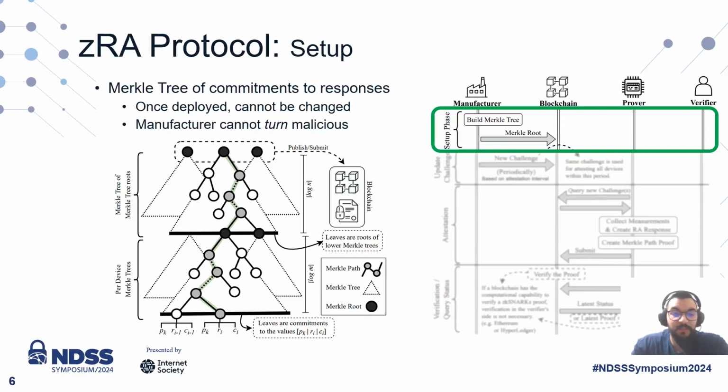Then the manufacturer builds the Merkle tree using these commitments, and finally builds another tree on top of these trees that are built for each device, resulting in one big Merkle tree that contains all of the commitments for all of the devices.